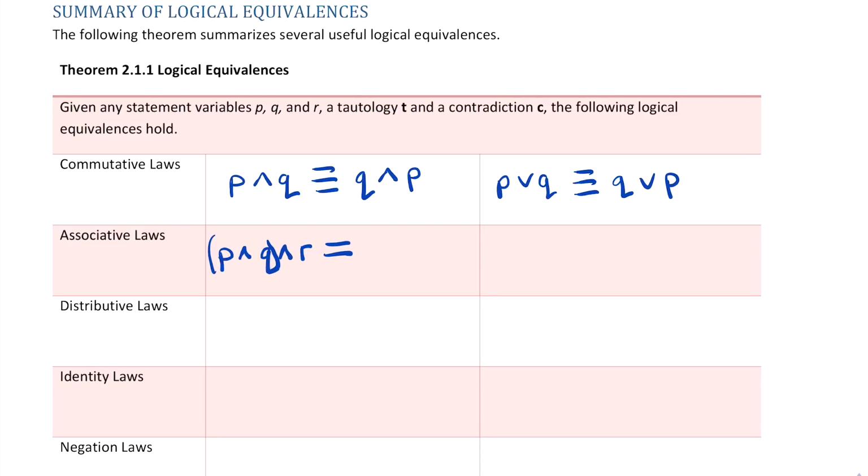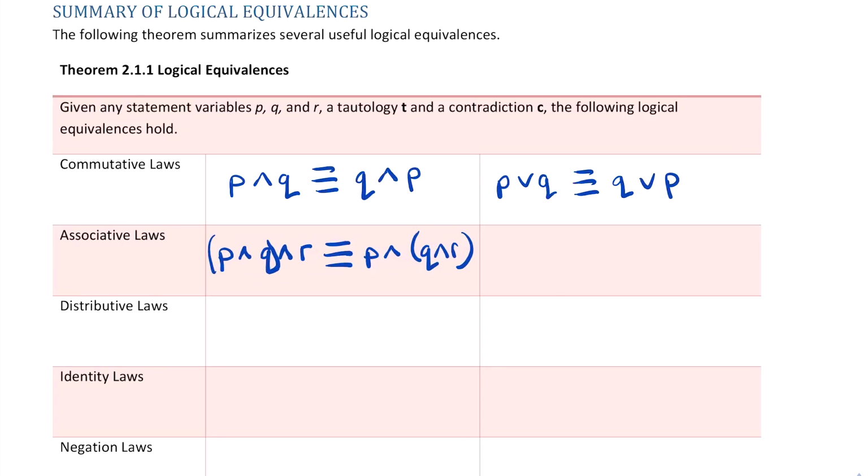But it turns out that it doesn't matter, as long as you don't rewrite them, it doesn't matter which 2. So here I grouped the conjunction of P and Q first, and then you can join that with R. Or you could conjoin P with the conjunction of Q and R.